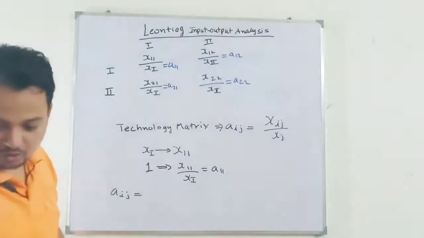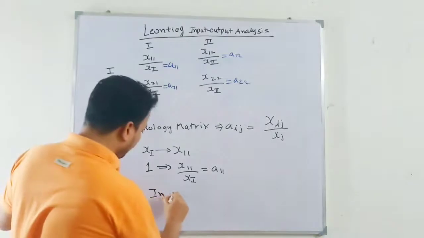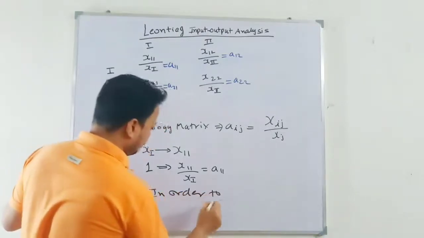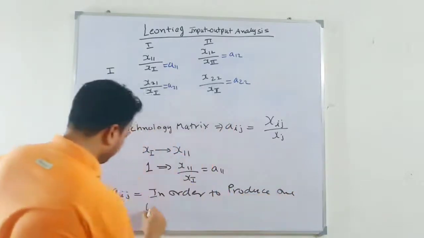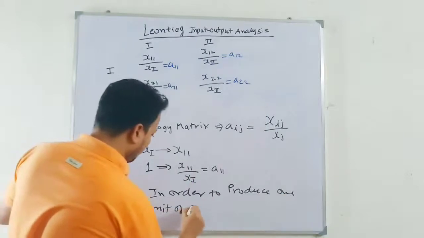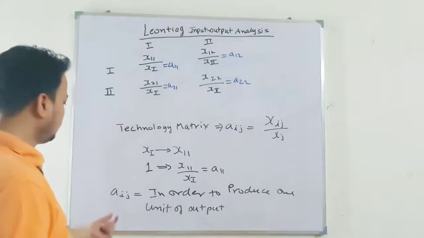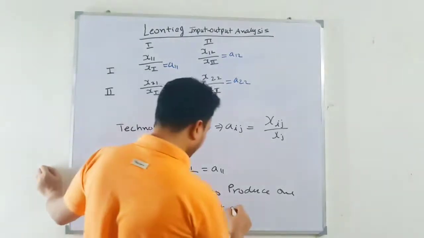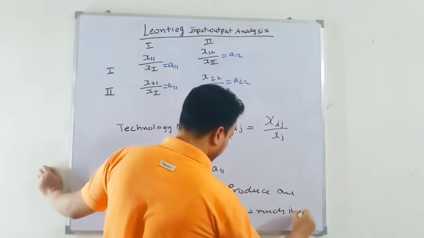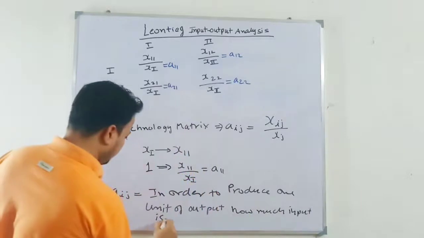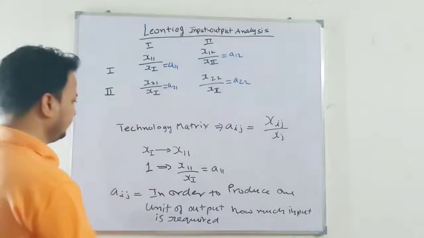So write down: in order to produce 1 unit of output, how much input is required? Now look at this thing.